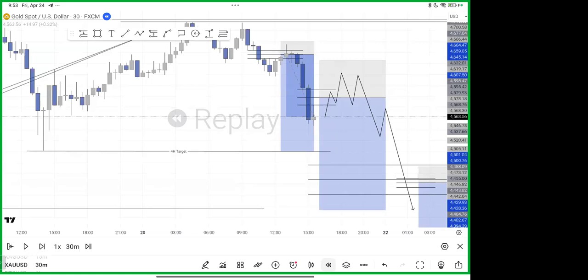So once we have it this way, we want to refine, right? We want to refine. So we've refined our entry and we've refined our stop loss. So now we have 5 risk to reward. So let's wait for it to play out.